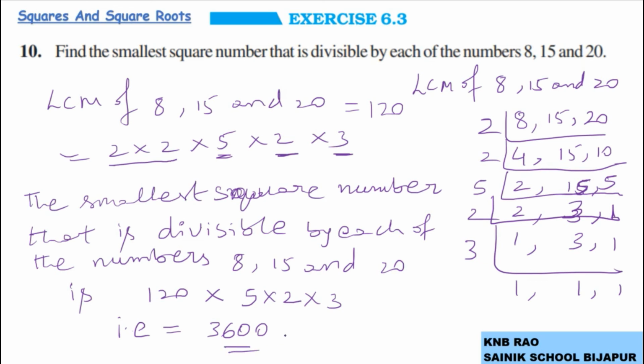So this is the smallest perfect square that is divisible by 8, 15 and 20. I hope you have understood how to solve both questions 9 and 10. Students, these both are important questions in this exercise. They are application based questions.